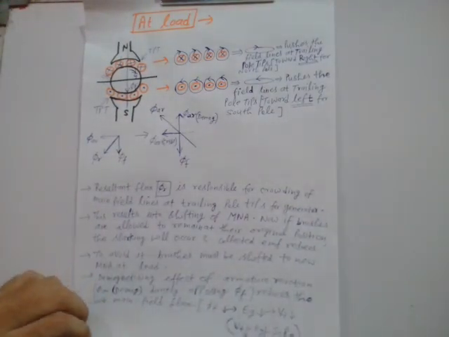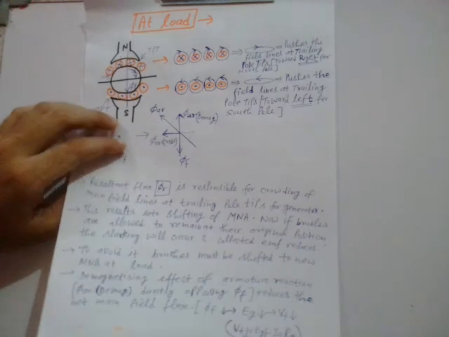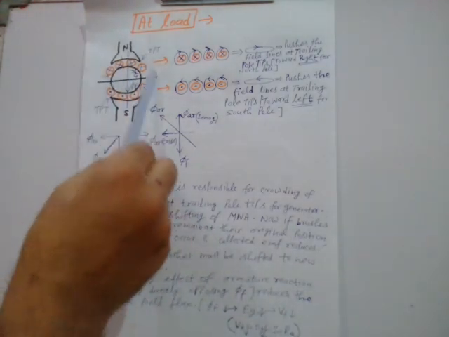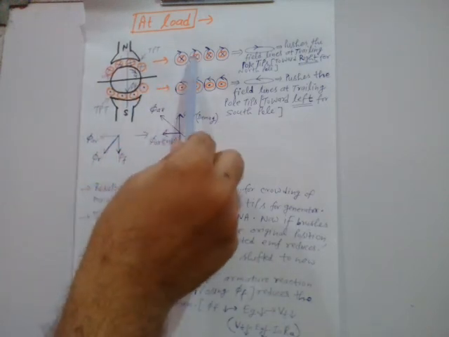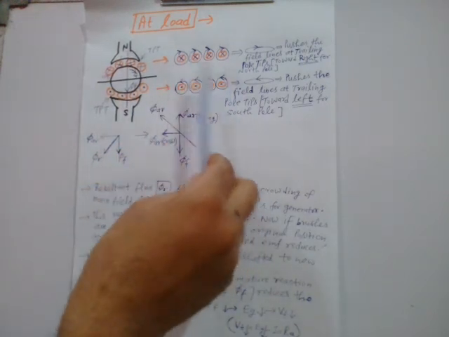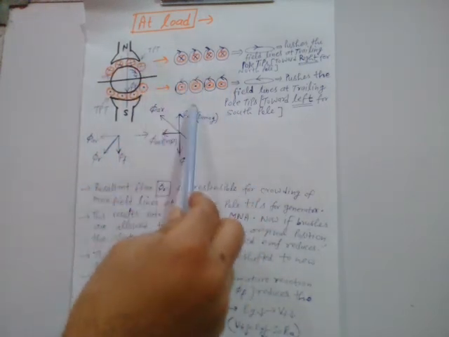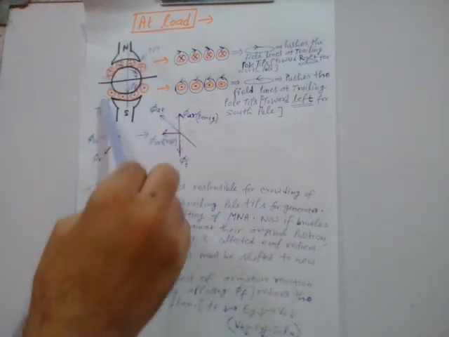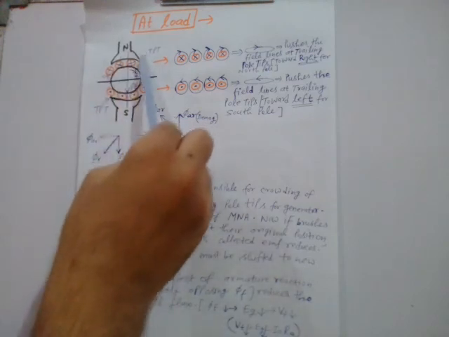So when you load the machine, then current will flow in this armature conductor. Armature flux now will be developed. It will result in the crowding of these field lines towards the trailing pole tips of the generators, right?